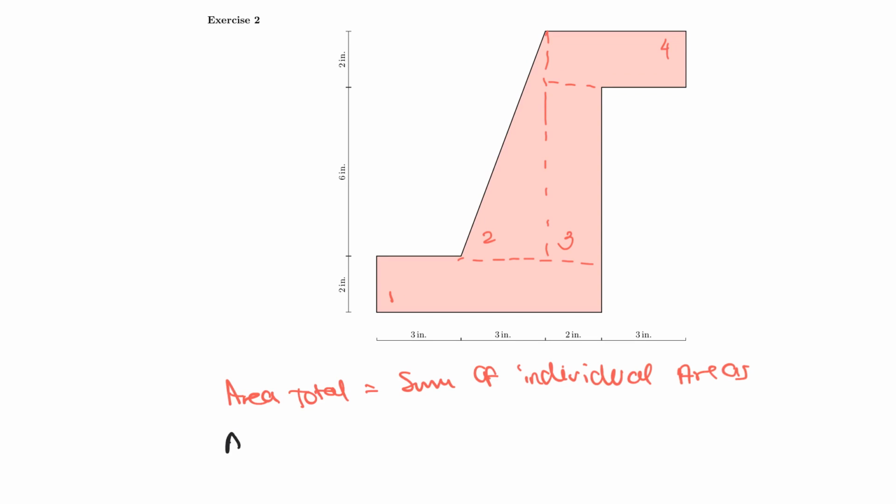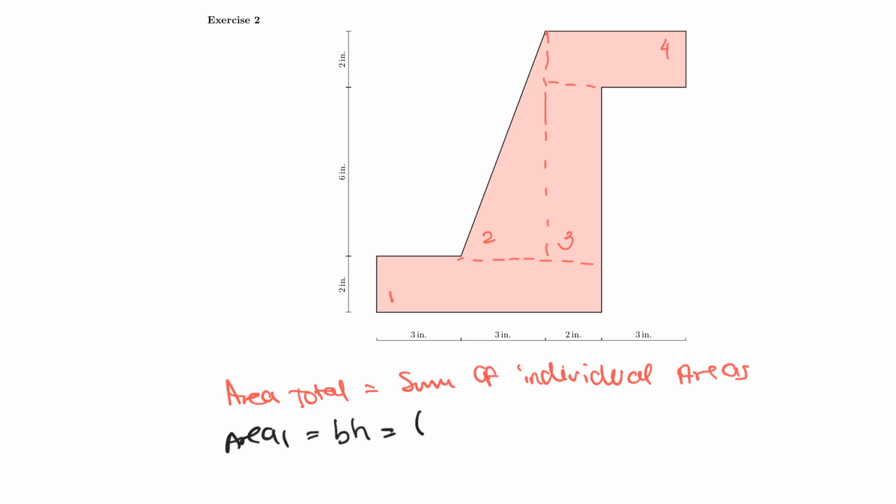Let's see, area 1, it is a rectangle, and let's recap the formula for the area of a rectangle will be base times height. In this case, what will be the base? The base will be all this length. We can look back at the projection, and the dimensions are given right here, will be the sum of all these dimensions.